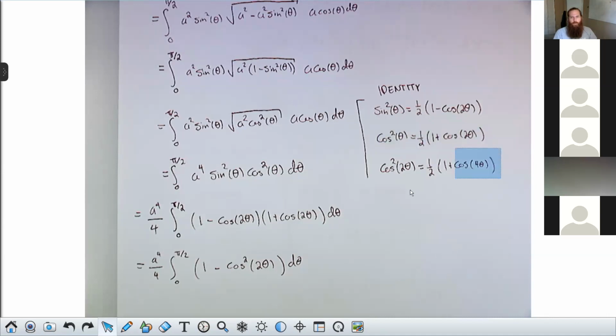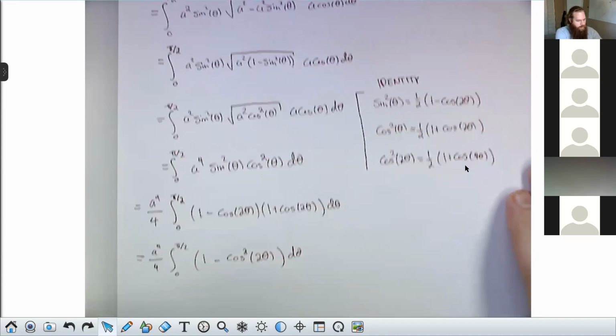Does everybody see how this modified half angle is a consequence of the regular one? The idea here is these are called half angle identities because the angle on the left is half of the angle on the right. It doesn't matter what the angle is, as long as this thing is half of this thing. So if I want a 2 theta here, this needs to be a 4 theta, and that's how we proceed.